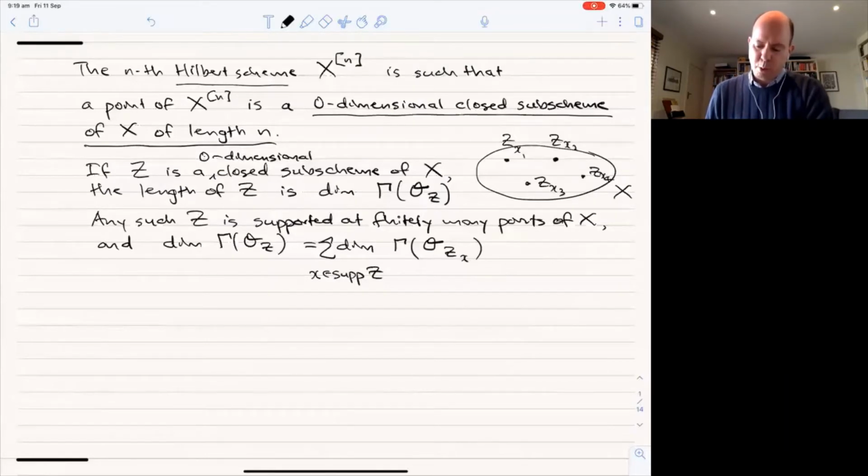But what I want to point out now is the relationship between this notion and the previous notion of nth symmetric power.